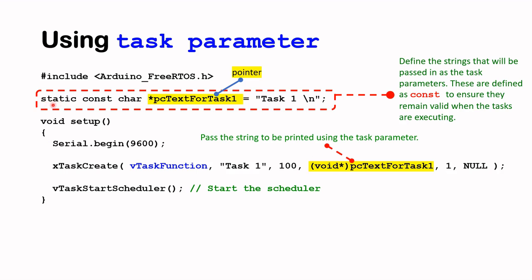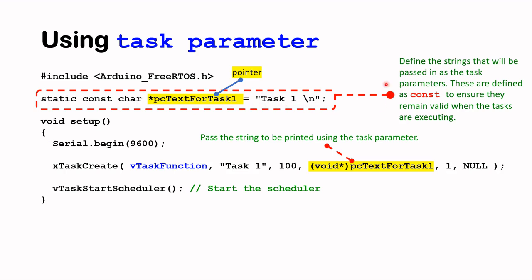Here we have a declaration: static const char *pcTextForTask1. So basically we declare a static constant character pointer. This is a pointer, and then we assign this string or data to the character pointer.